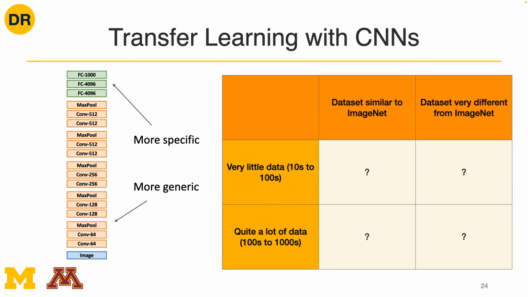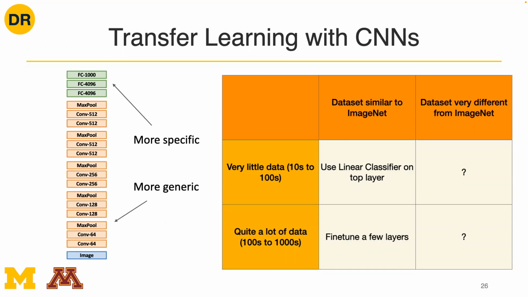For instance, let's say you have less data, but the data is similar, or the distribution is almost similar to what you will see in ImageNet. Then it is recommended that you just have one classification layer and not do what we call fine tuning. You can just use feature extraction from the ImageNet trained architecture, and then have one classification layer to perform the task.